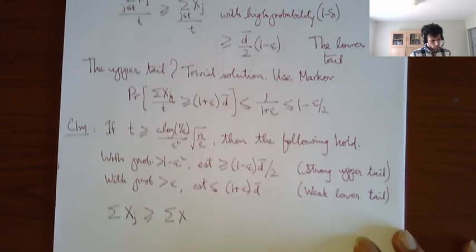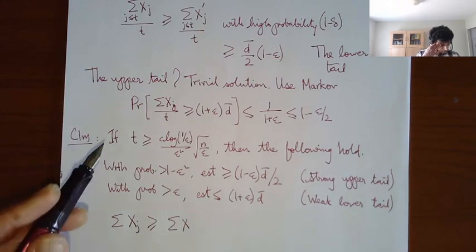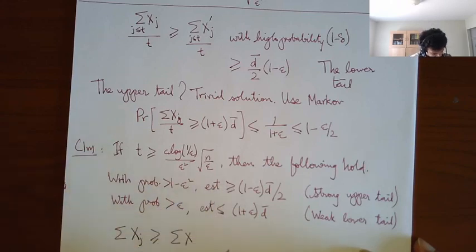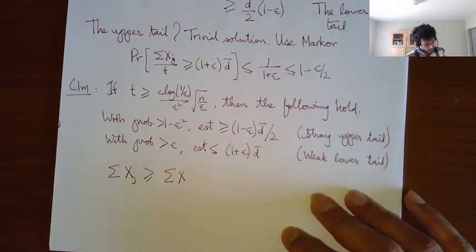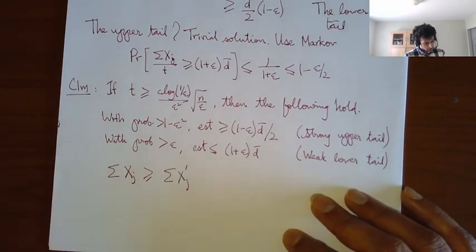Sorry, my apologies, I've mixed this up. Well, okay, it's fine. So the summation of xj is at least the summation of xj prime.